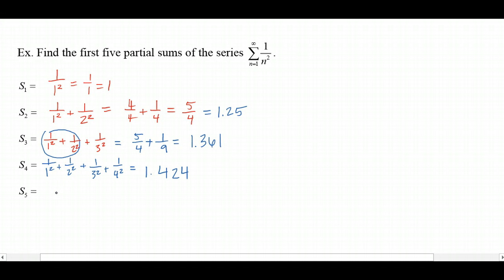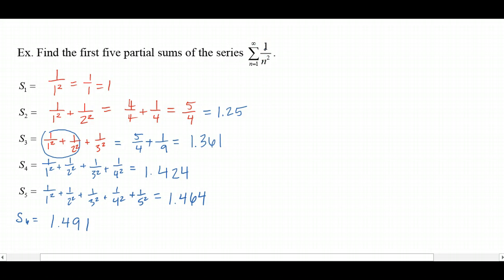And then S5, so that's 1 over 1 squared, 1 over 2 squared, 1 over 3 squared, 1 over 4 squared, plus 1 over 5 squared. That's going to give me 1.464. And I'm going to go one further, although I'm not going to write it all out. So it's all of this plus 1 over 6 squared. That's going to give me 1.491.